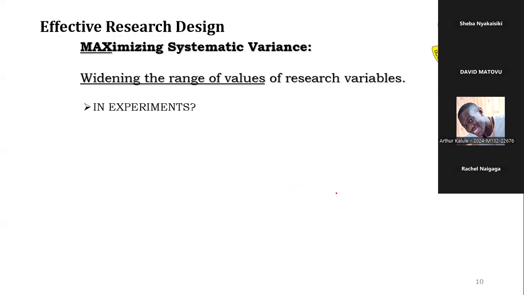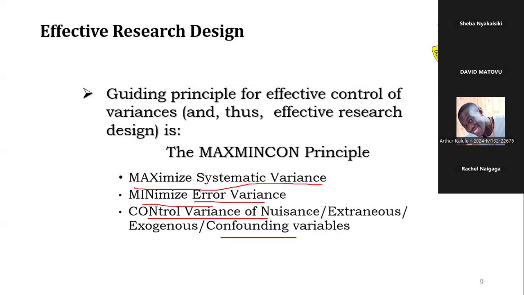Doctor, what do you mean by control confounding variables? These are anything that will interfere with our systematic variance, with our independent variables. Let's control those as much as possible.